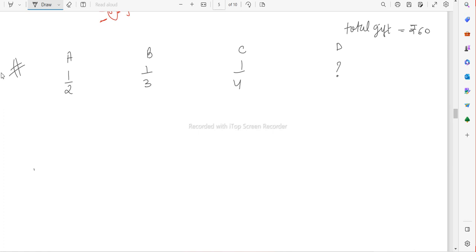Now from here, if you make the total, you'll get 3. From here, you'll get 4. From here, you'll get 5. So this one would have been the amount that has been given.